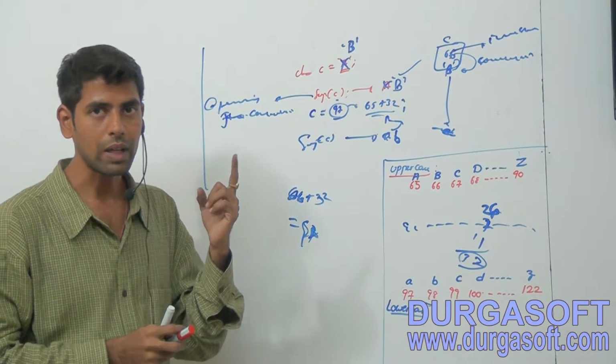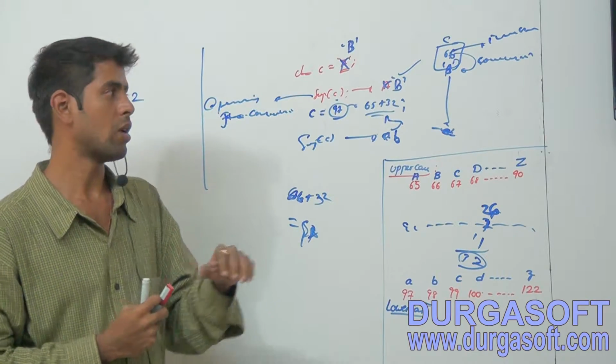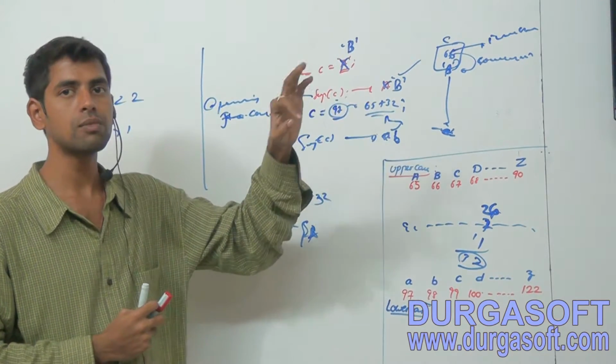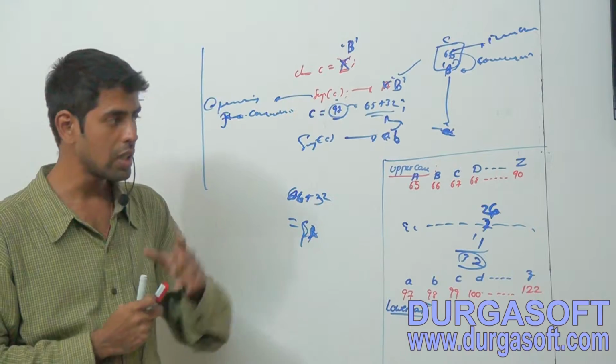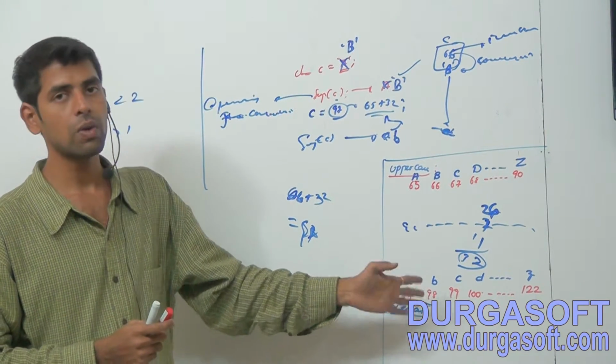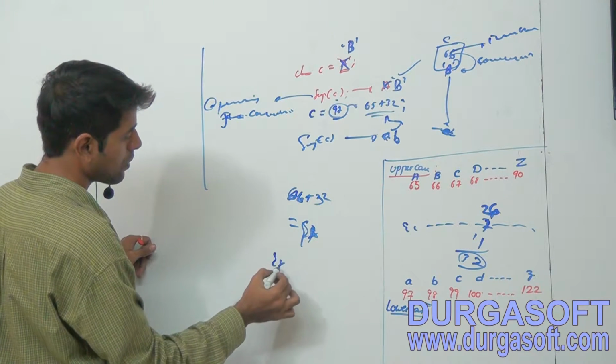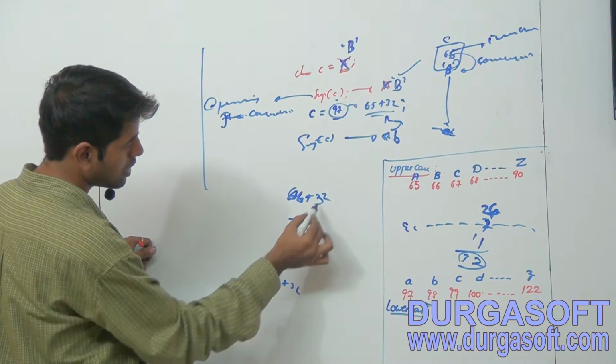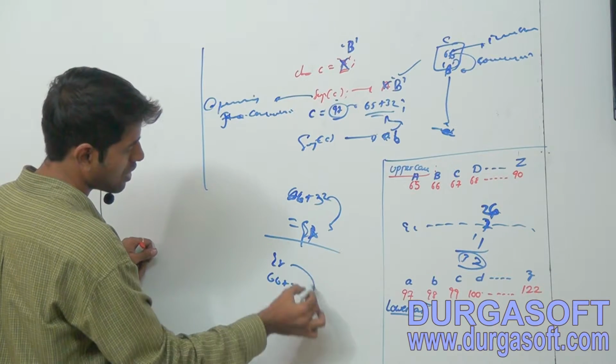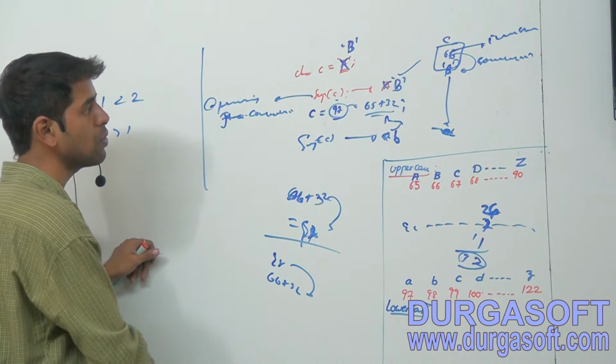Now I have the requirement to print the output as small b. What is small b? Unicode character 98. Now 98 can be written as 66 plus 32, using this in the reverse way. Yes, we can do that.